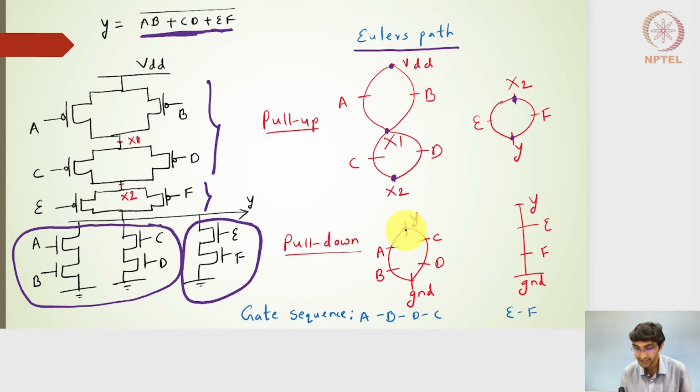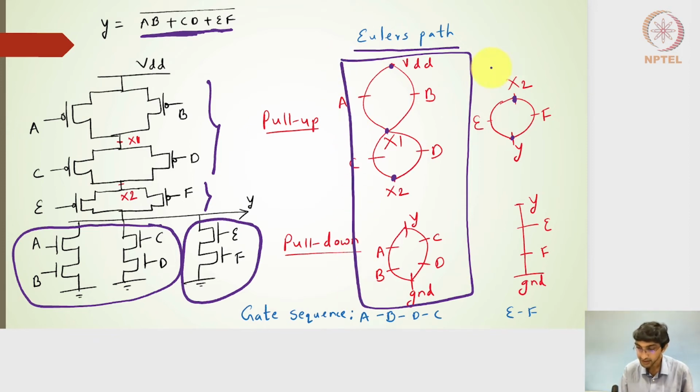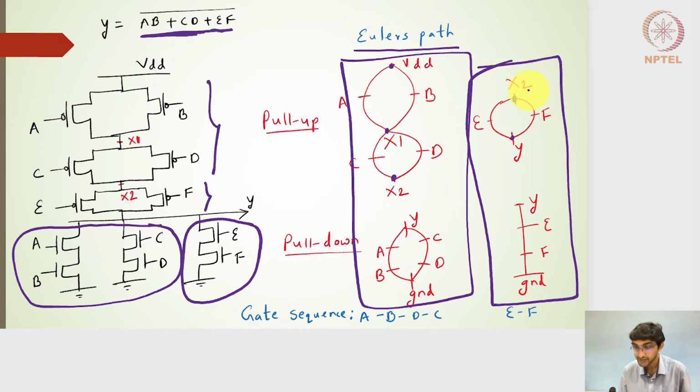On the pull-down side, we now have Y connected to the ground via the A and B polysilicon gates, and then coming back to Y via the D and C polysilicon gates. For the other path, X2 goes to Y via the E and F polysilicon gates, and on the pull-down side Y is connected to the ground via the E and F polysilicon gates.